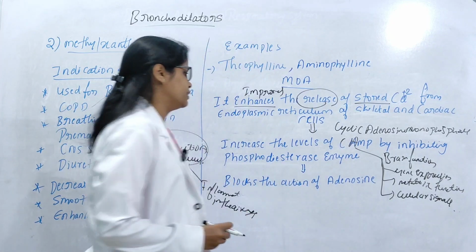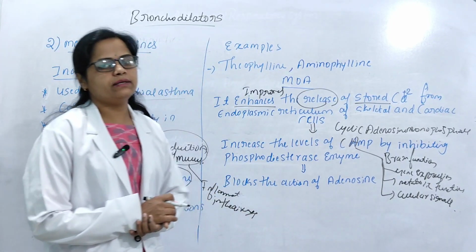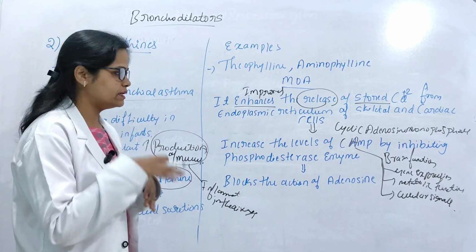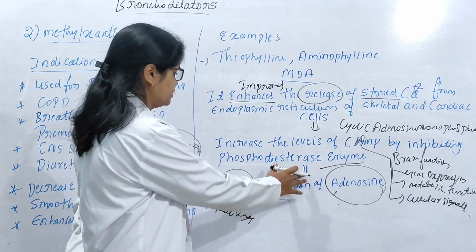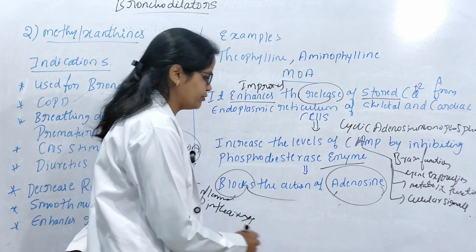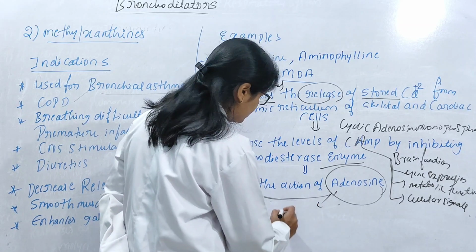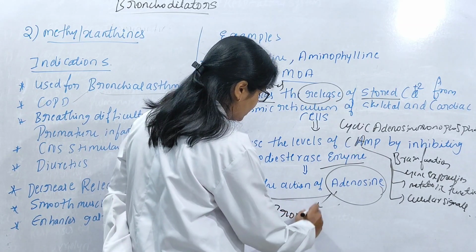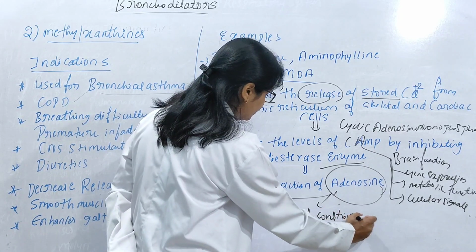Then it increases the level of cyclic adenosine monophosphate by inhibiting, meaning decreasing or stopping, the phosphodiesterase enzyme. Then it blocks the action of adenosine, whose function is bronchoconstriction, the constriction of the bronchioles.